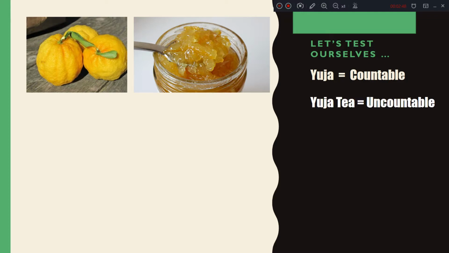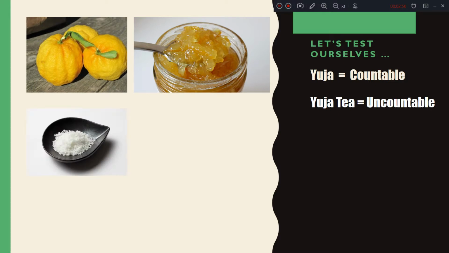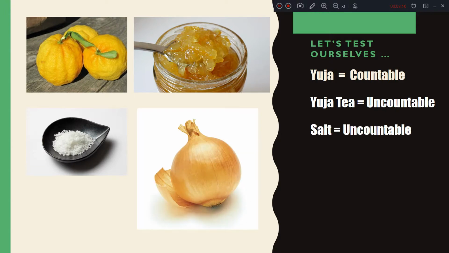Great, 유자 tea is uncountable. What about salt? Good, salt is uncountable. And onion?